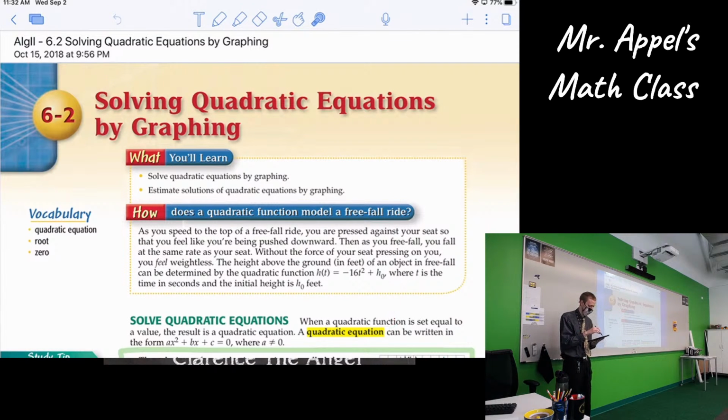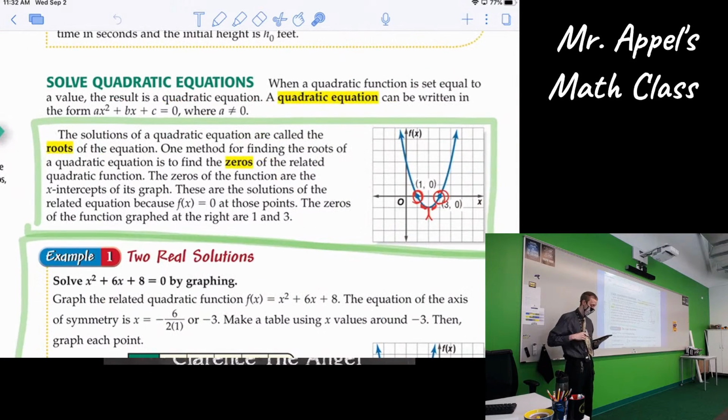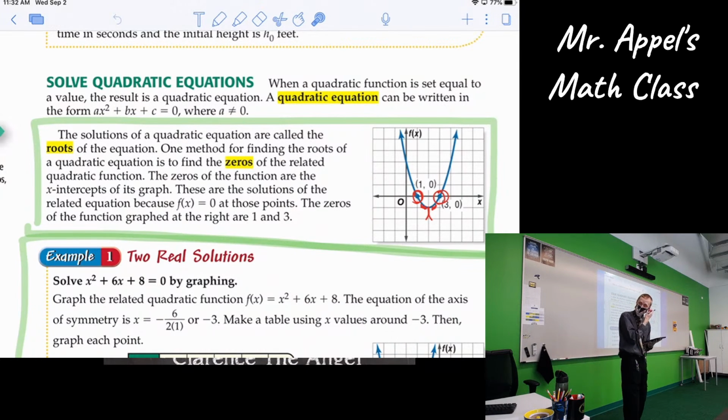What could you do? Well, as I mentioned before, the solutions to a quadratic equation is where the function crosses the x-axis, the zeros of the function or the roots. And this only happens when you set up a quadratic equation. You're looking for, hey, where does the function equal 0?